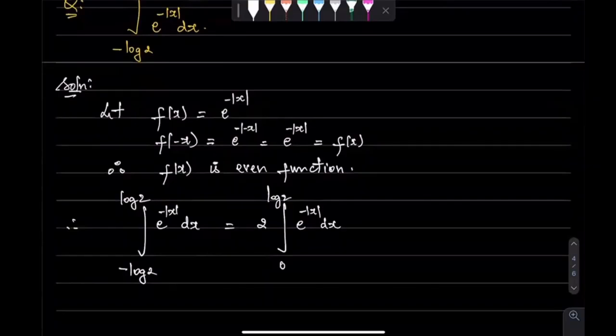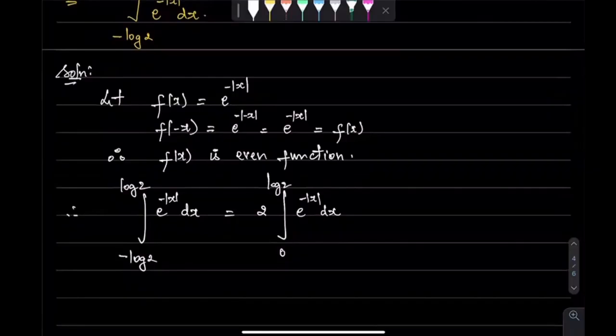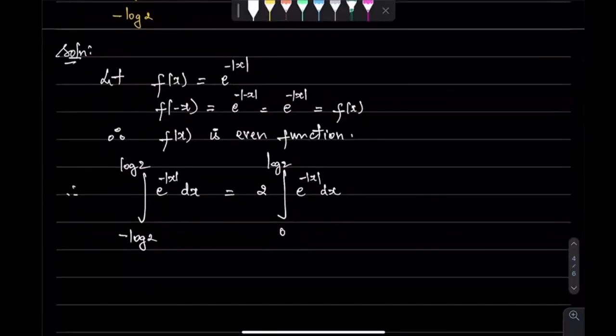Since it is 0 to log 2, positive, what happens to my modulus function? It becomes positive. So I'll get 2 times, since it is 0 to log 2 on the positive side, my mod becomes e power minus x. Very good. You understand, children?